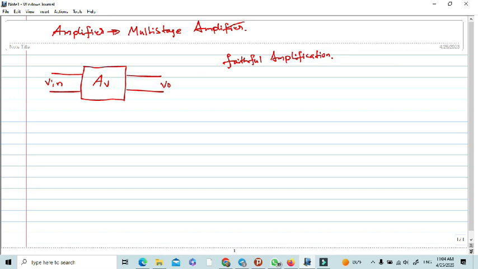Here in every amplifier circuit we know that we have some source resistance, that one is called RS.